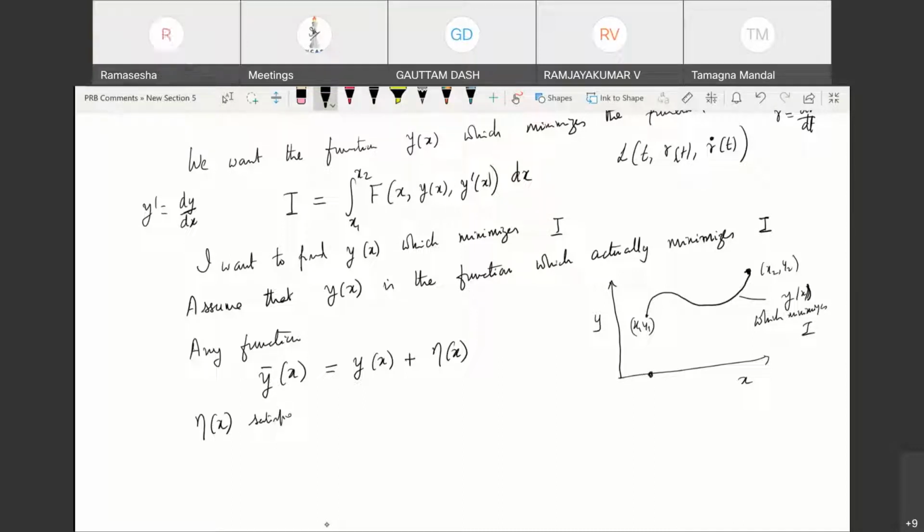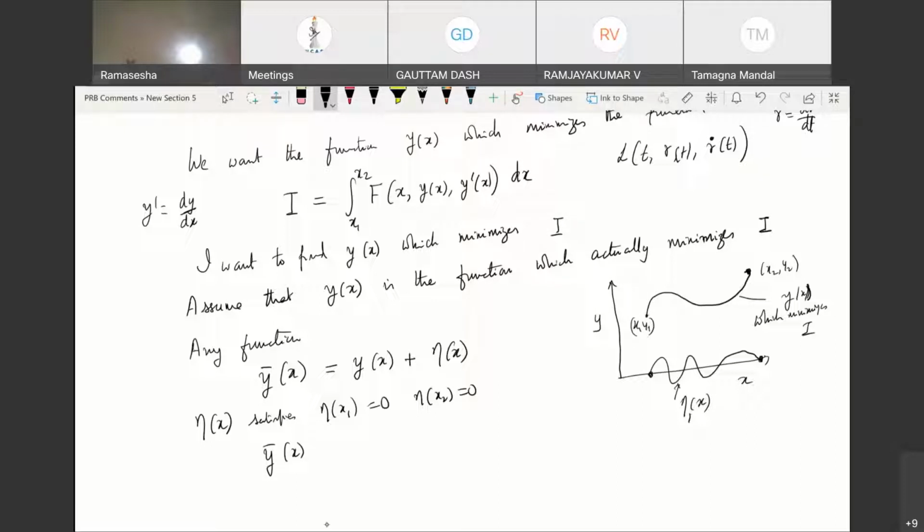I take this function and give an example of eta of x. So any arbitrary function eta of x I add to this y of x, y bar of x will give an integral of f of x, y bar, y bar prime dx that is always greater than I. This is given because y of x is the one that is minimizing this. So it is true for any arbitrary eta of x.